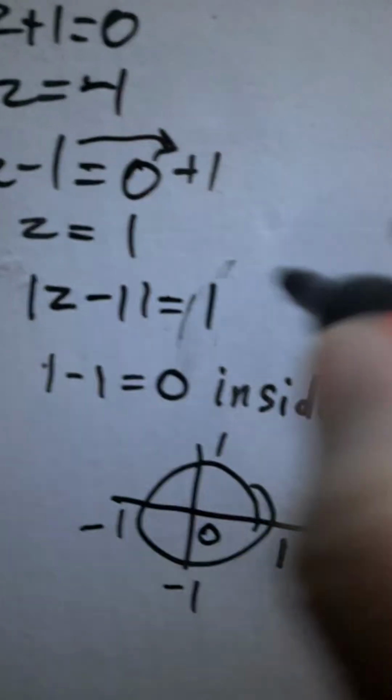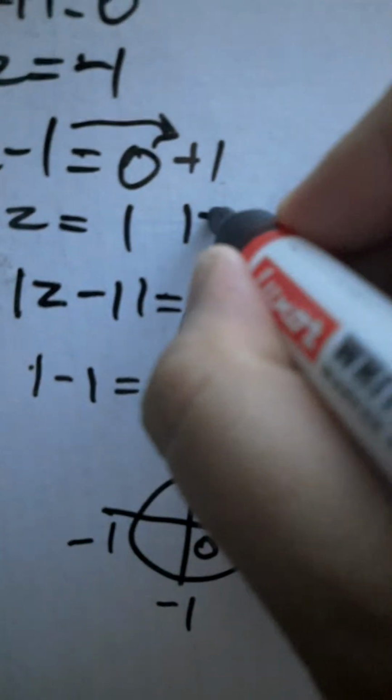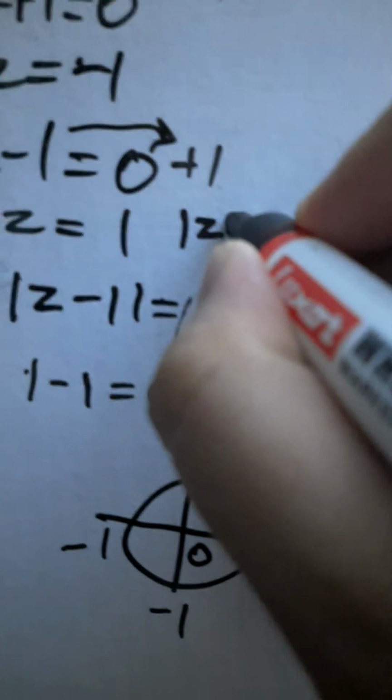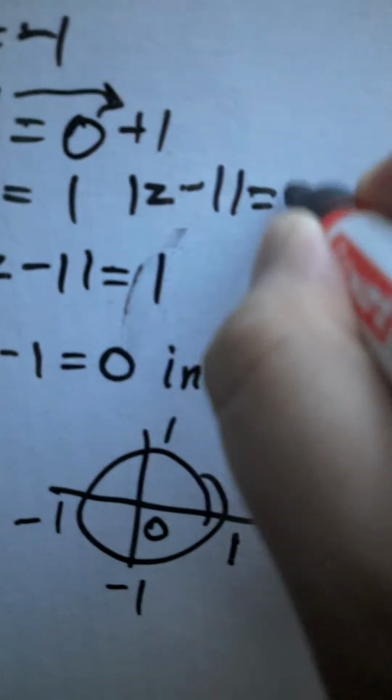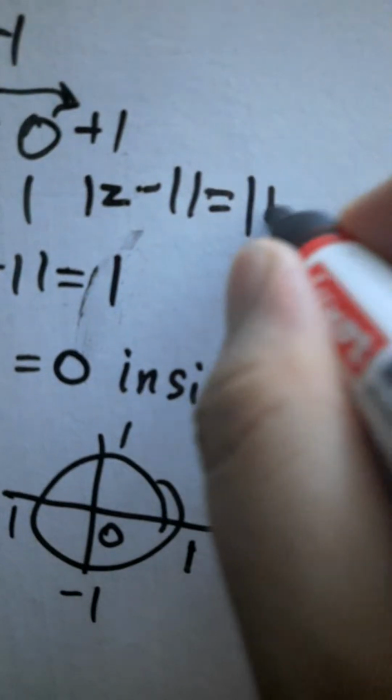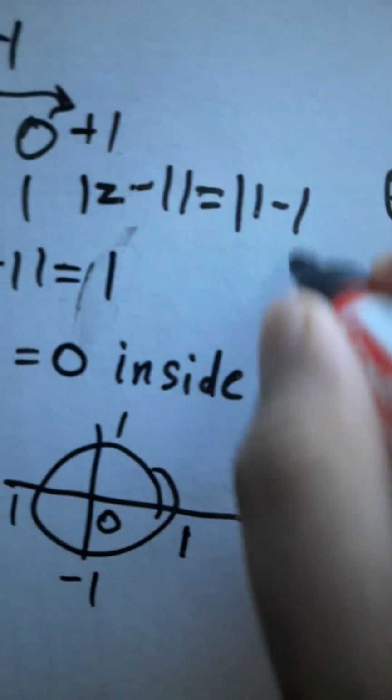But if I go for z equal to 1, then mod z minus 1 equals mod z equals 1, right? Sorry, here z equals minus 1, not here.